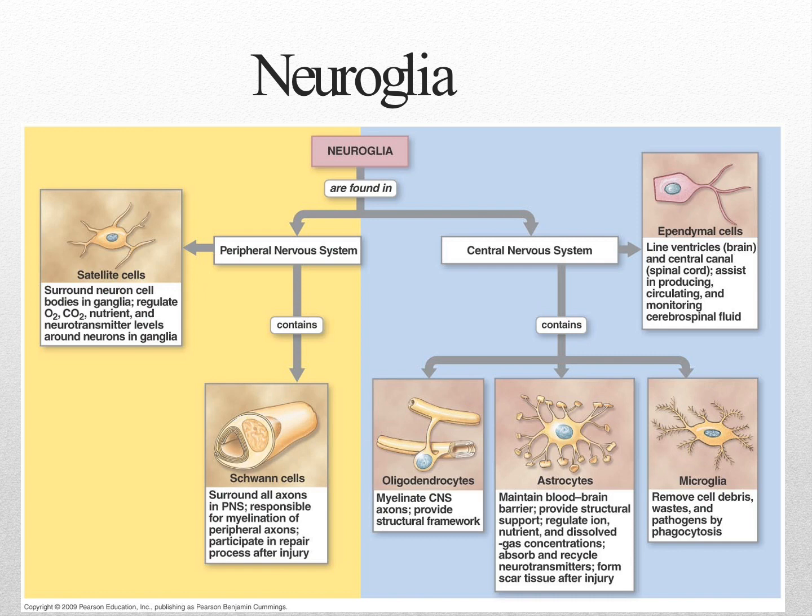So the satellite cell is going to regulate chemicals around these cell bodies in the ganglia, things like oxygen, carbon dioxide, and neurotransmitter levels. It monitors those levels around the neurons in the ganglia, the cell bodies. That's the satellite cell. Okay, next one, the Schwann cell.